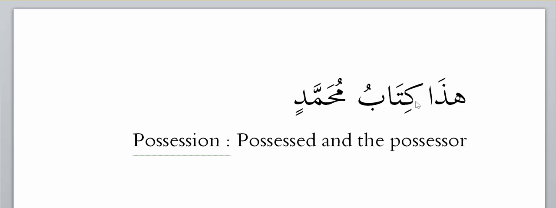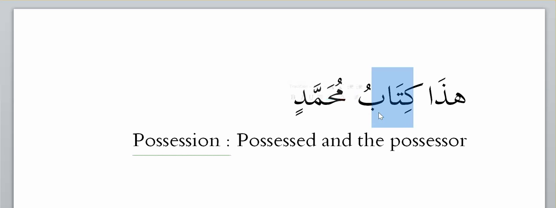So the thing that's possessed here, who will tell me which is possessed? I'm talking about the example on the screen there. Yeah, kitab. Kitab is owned. And who's the owner? Yeah, Muhammad.